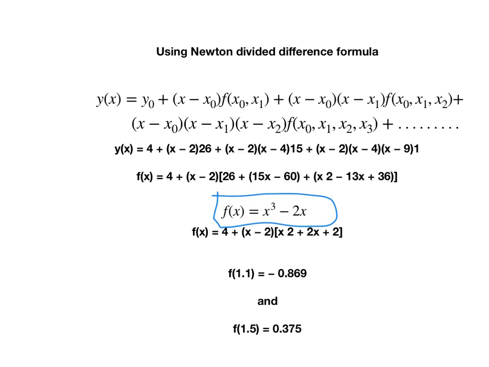Then after getting this, we substitute x is 1.1 here, 1.1 whole cube minus 2 into 1.1 gives the result minus 0.869. Similarly, f of 1.5, substituting x equal to 1.5 here, we get the result 0.375.